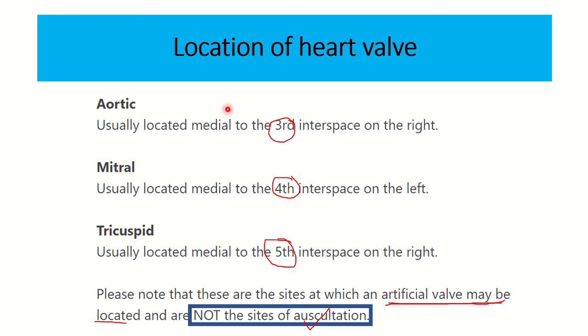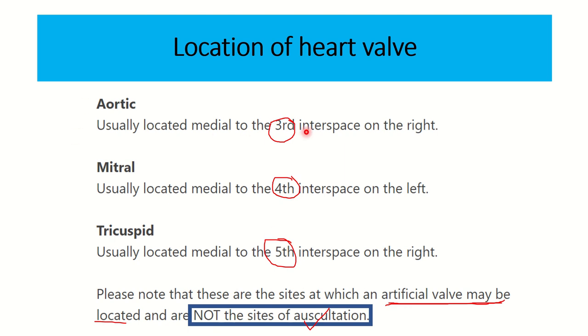So this location we have to remember very carefully. This is the anatomical location: the aortic valve lies in the third intercostal space on the right, the mitral valve lies in the fourth intercostal space on the left, and the tricuspid valve is located in the fifth intercostal space. These spaces are very important to remember, because the anatomical location and the auscultatory location of the valves are different.